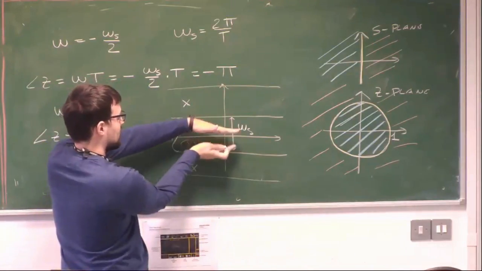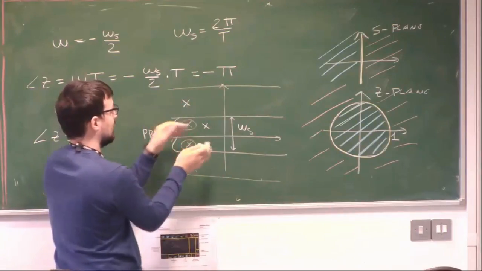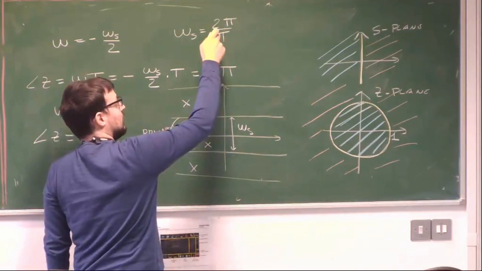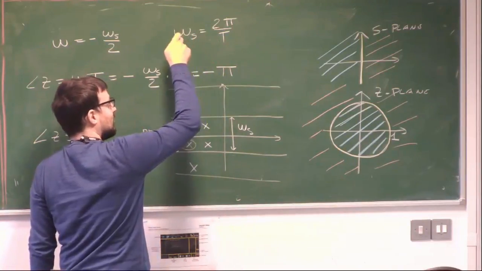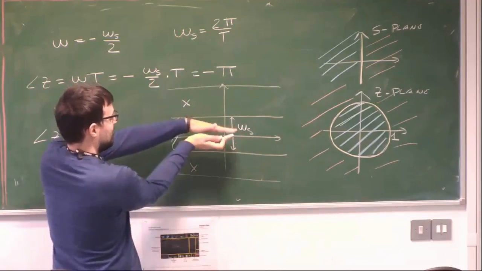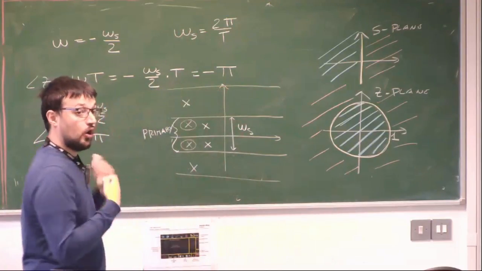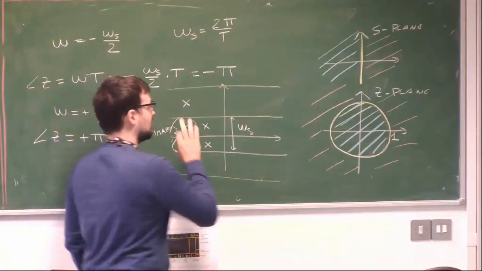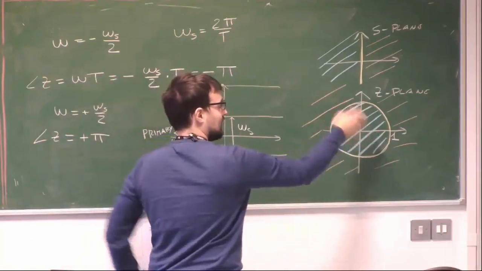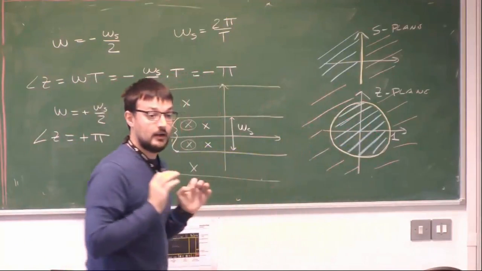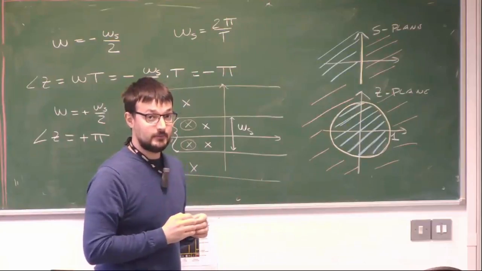Because if we know that the sampling time is small enough such that omega s is large enough that the primary strip includes all the poles, then we know that what we are seeing here is actually all poles belonging to the primary strip.